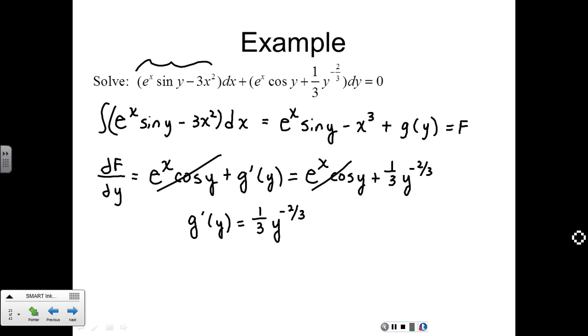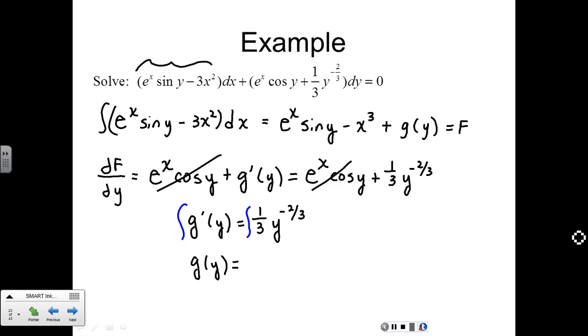So if I want to get g of y, I'm going to integrate that, which is scary looking. Okay, how do you integrate something? Add 1, divide by the new power. So negative 2/3 plus 1, or plus 3/3, would give me y to the 1/3, right? Divided by 1/3. If I divide that by 1/3, what happens to the 1/3? They go away.